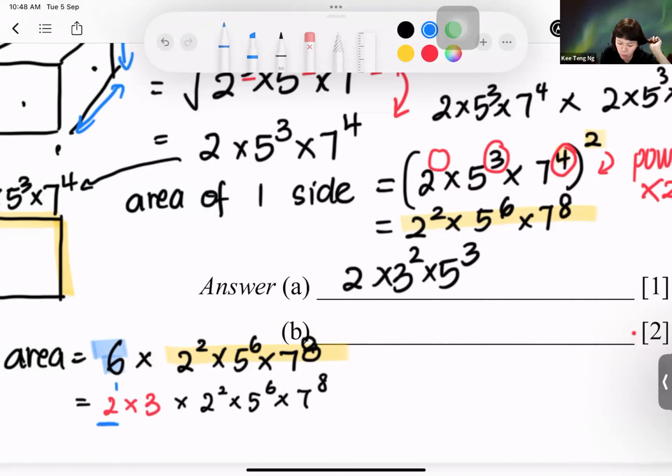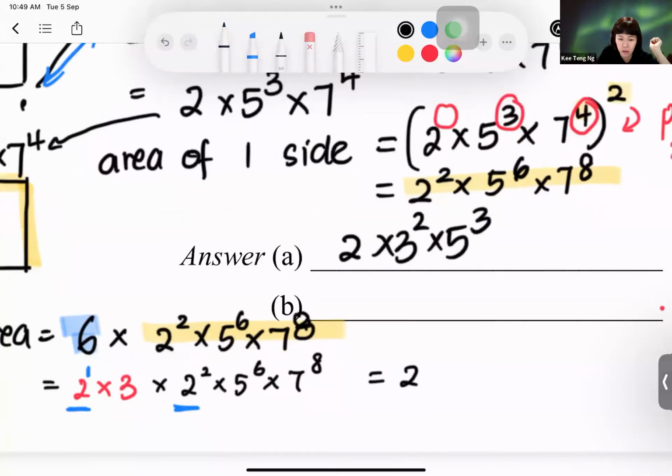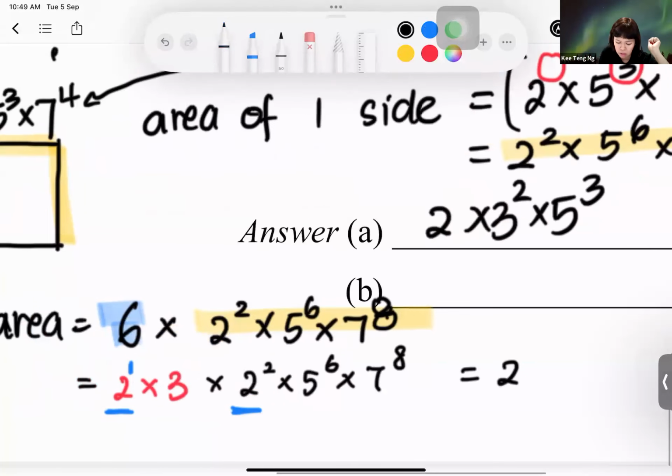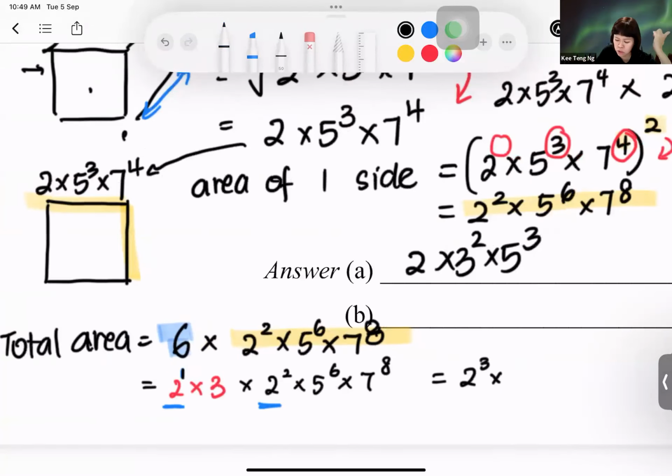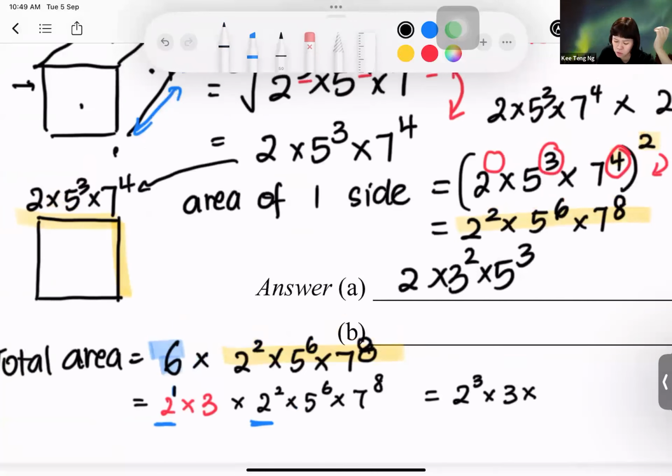Here 2 to the power 1, then 2 squared, total 2 to the power 3. Then 3 is on its own, so it's just 3. Then 5 to the power 6 on its own, 7 to the power 8 on its own.